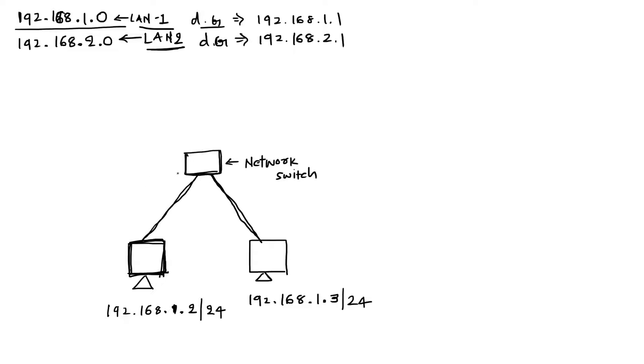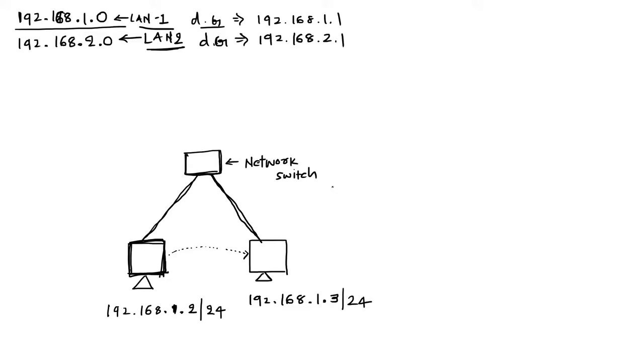So now LAN 1 is ready. After doing this, we will check connectivity from this PC 192.168.1.2 to 192.168.1.3. If this connectivity is properly done, then our LAN is properly working.